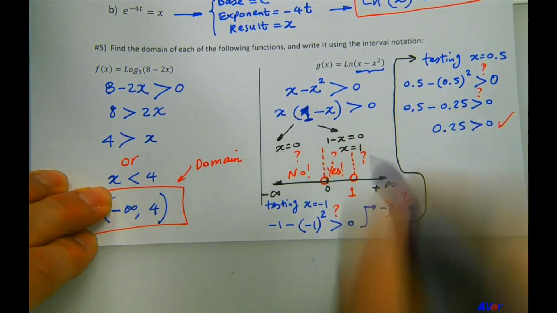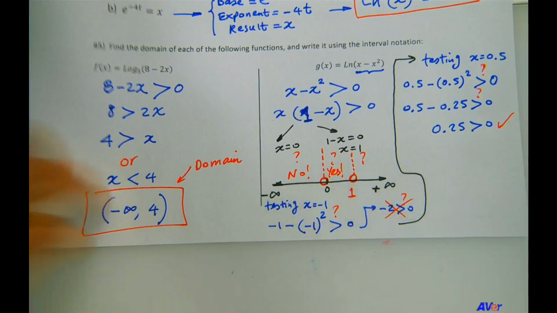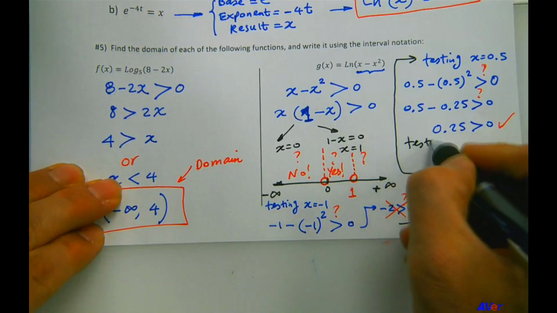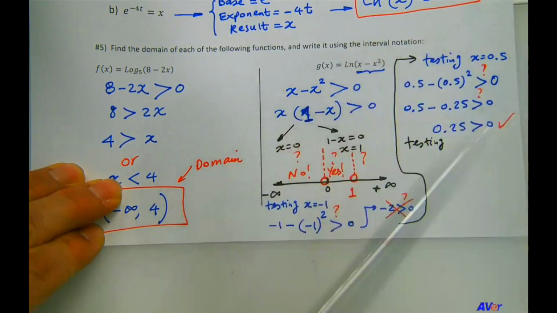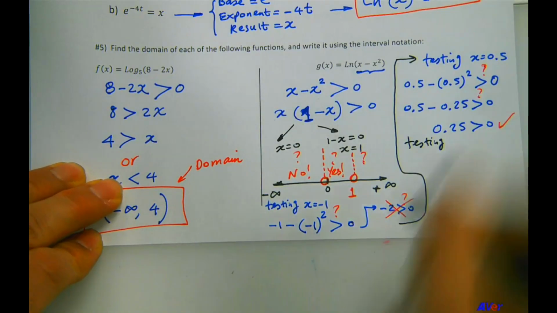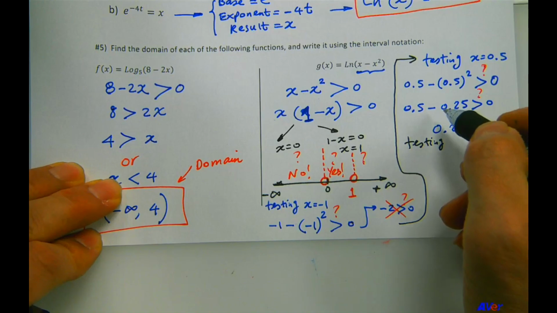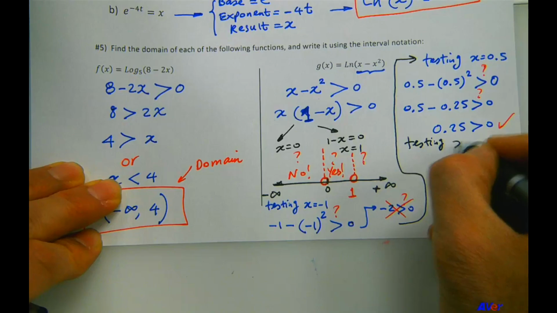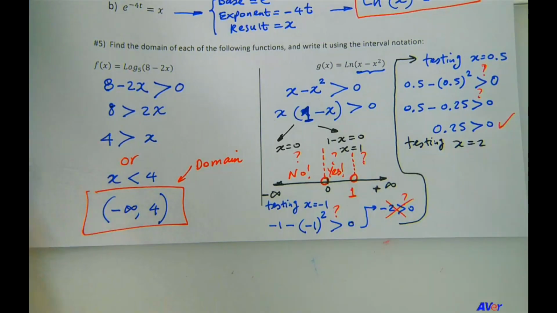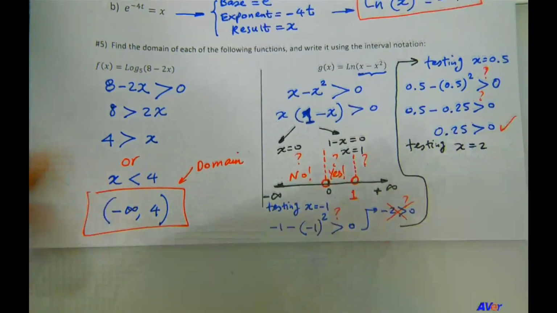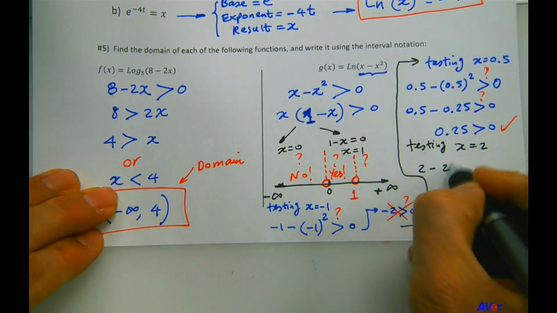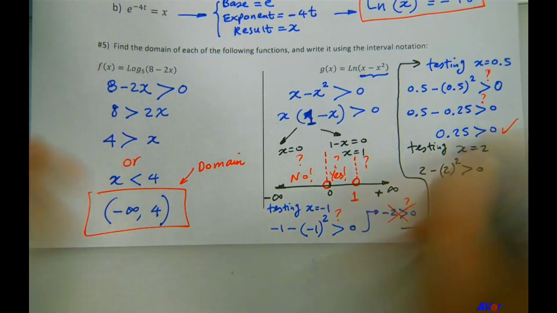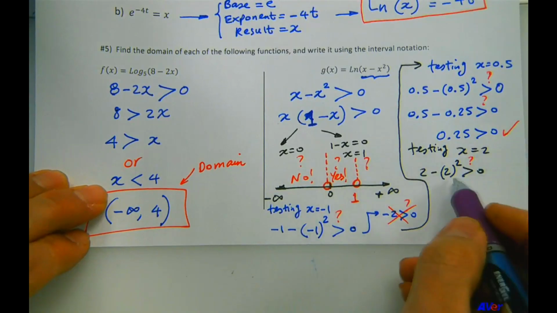Now let's pick an easy number on the right side of 1. Let's pick 2. Testing x equals 2, let's substitute that into this inequality. We have 2 minus 2 squared. We're asking if the left-hand side is a positive number greater than 0.